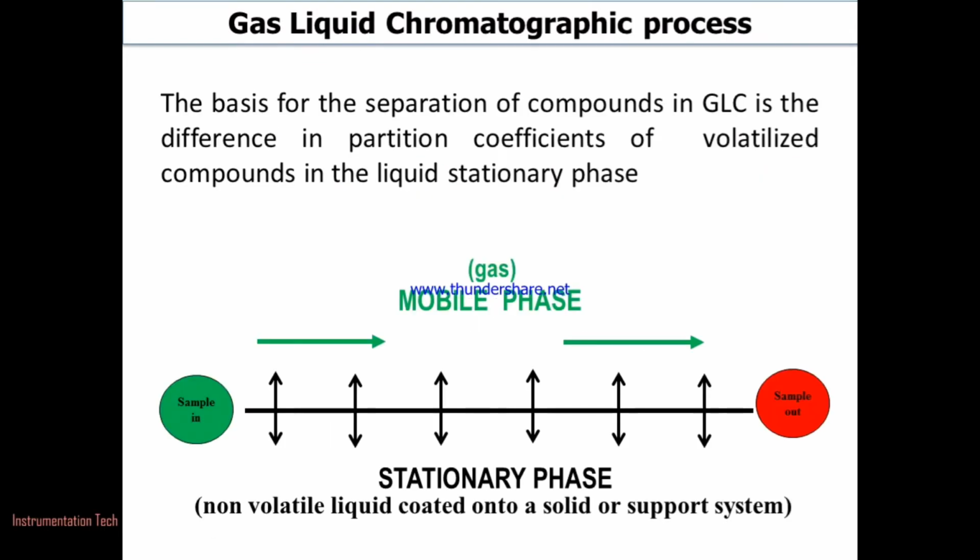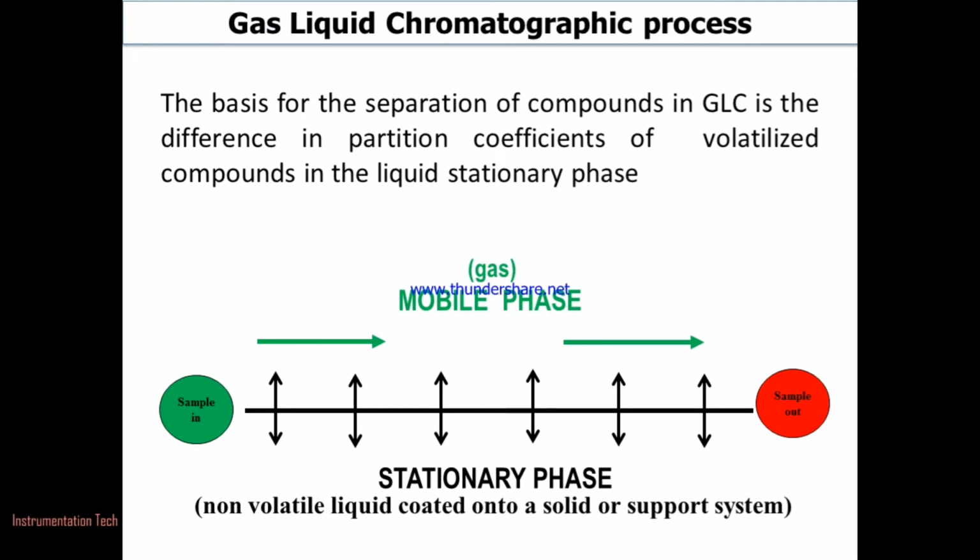The basis for the separation of compounds in gas liquid chromatography is the difference in partition coefficients of volatilized compounds in the liquid stationary phase. In gas liquid chromatography, the mobile phase is gas and the stationary phase is a non-volatile liquid.